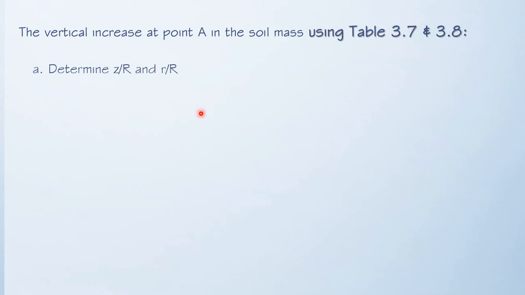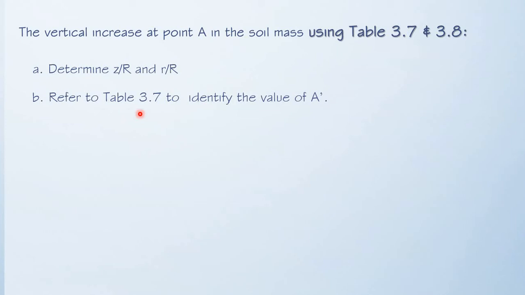First, we determine the ratio between the depth and the radius, z over capital R, and then the shortest distance on the surface from the center of the circle up to the point of consideration, or the small r divided by the capital R, which is the radius of the circle.